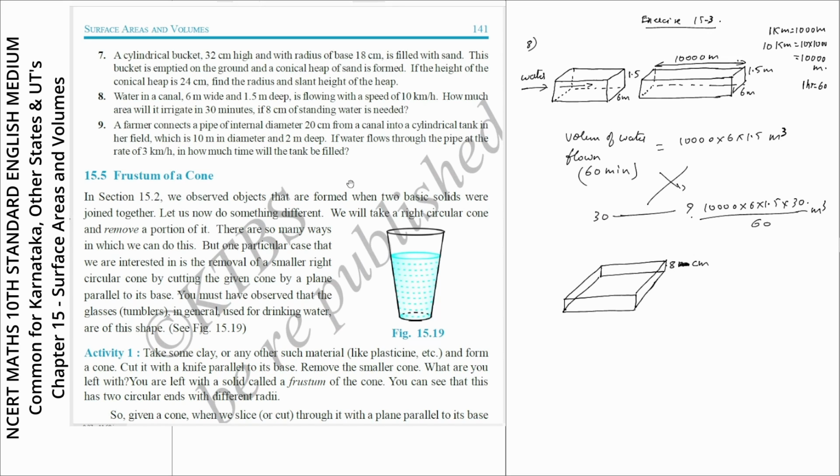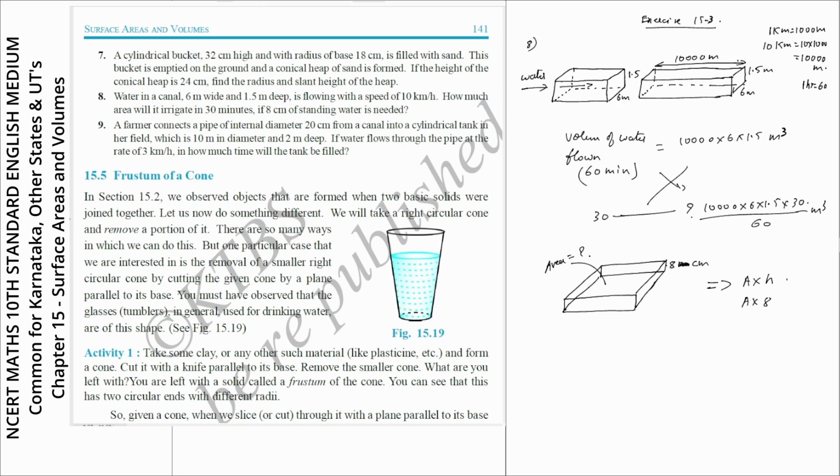So if 8 centimeter is the standing water, what is the area? That is the question. What is the volume of this given by? Area into height gives the volume. So this is area into height, 8 centimeter.